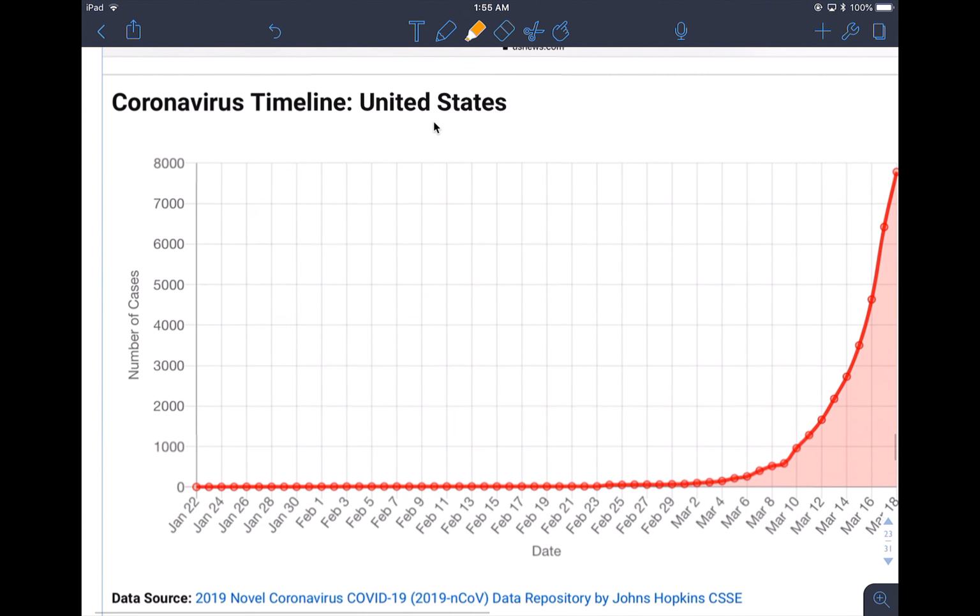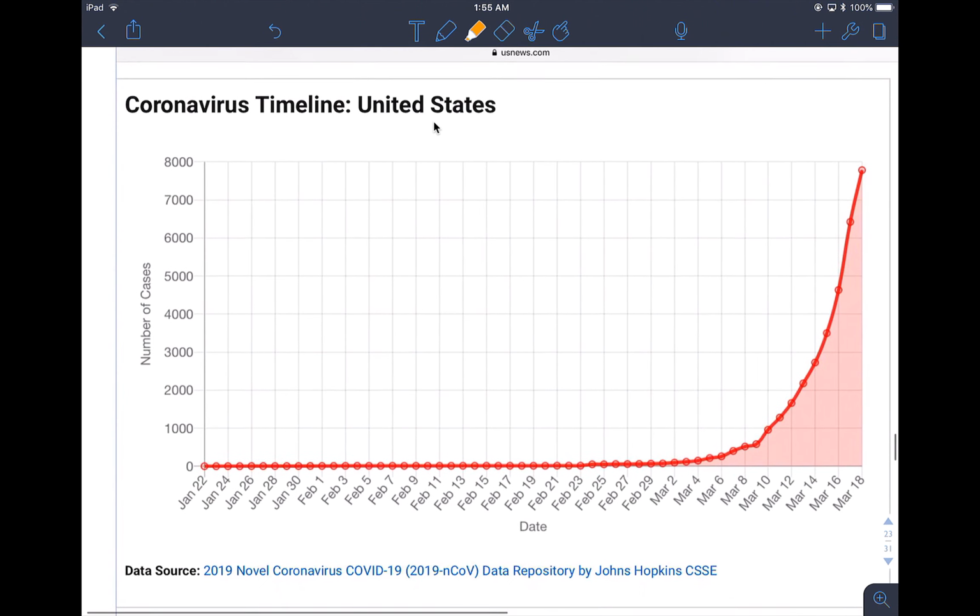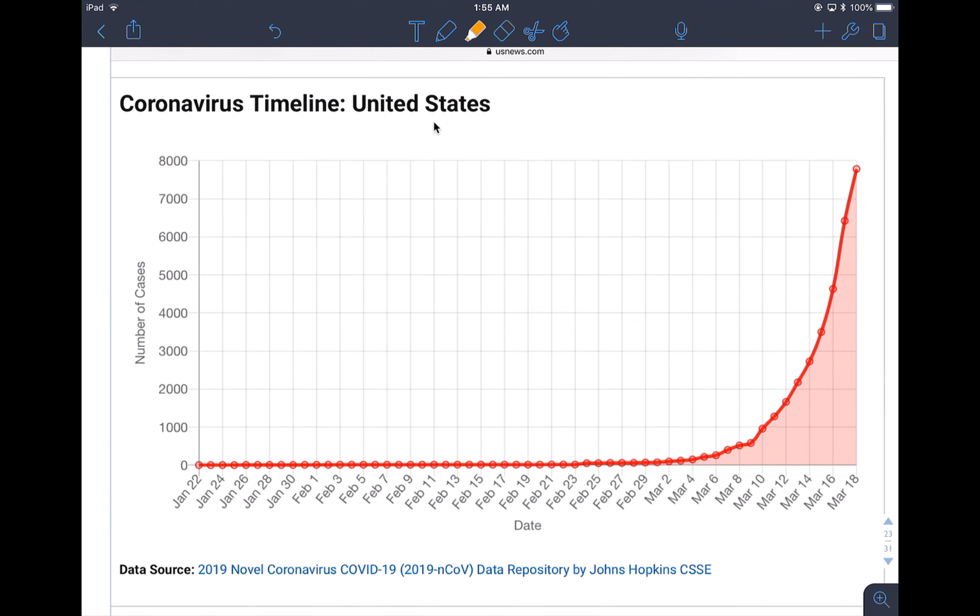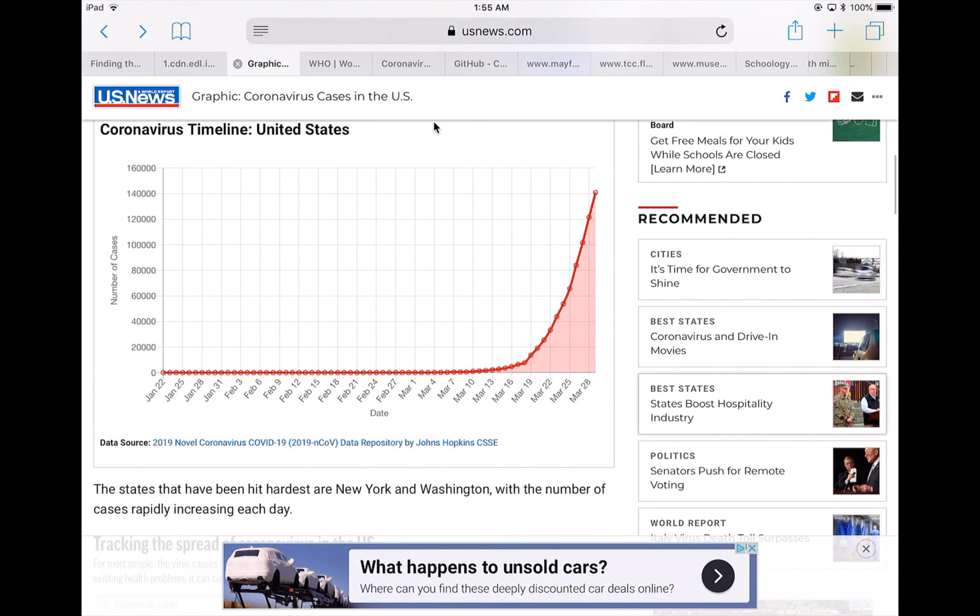So again, it's probably something you recognize. Notice that this graph, the source is from the Johns Hopkins CSSE. So I'm showing you where I'm getting this from. Let me show you the website so that you have a reference point.